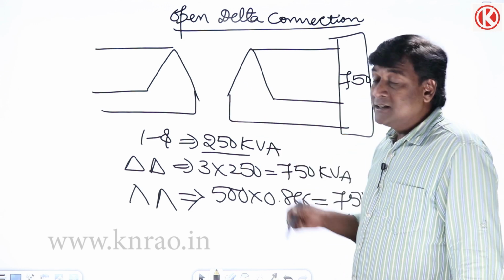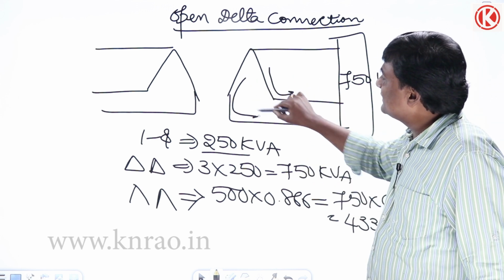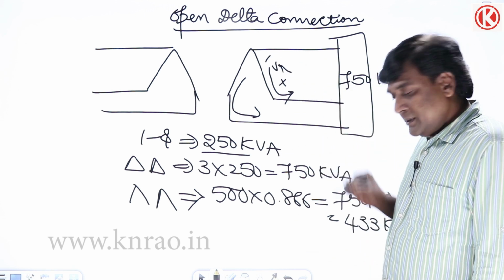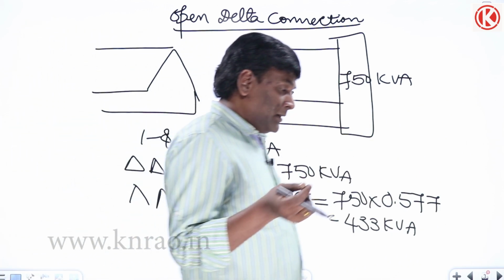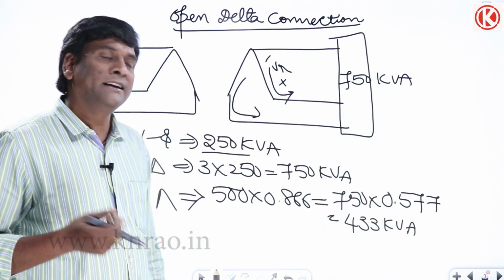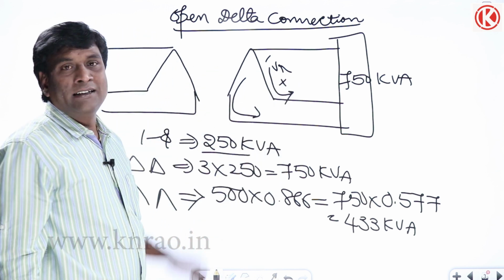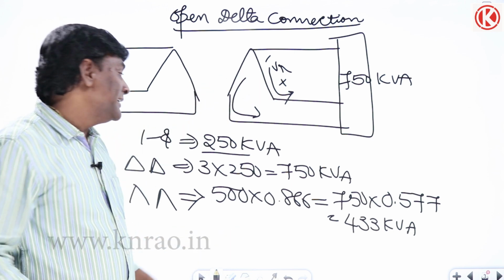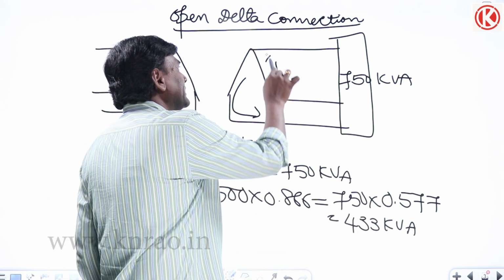But under open delta condition, it is operating at rated current with rated voltage, meaning the insulation is fully stressed for rated voltage, and my copper volume is completely utilized by carrying rated currents. So rated current and rated voltage give rated kVA. Rated kVA 250 plus rated kVA 250 should be 500, but it will not be 500; it will be 433 kVA. Now let us think from the load side.